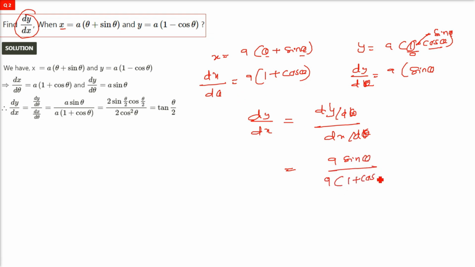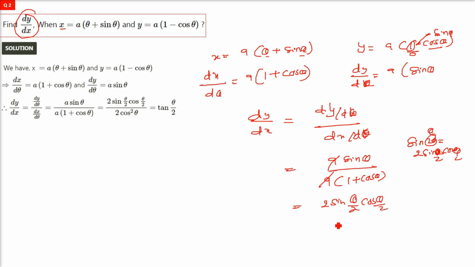You can stop here also, but because we are able to simplify it, we can write sine theta as 2 sine theta by 2 cos theta by 2. We can also write 1 plus cos theta in another way. Sine 2 theta is 2 sine theta cos theta; when it is 2 theta you get theta, and when it is theta you get theta by 2. So you write 2 sine theta by 2 and cos theta by 2.